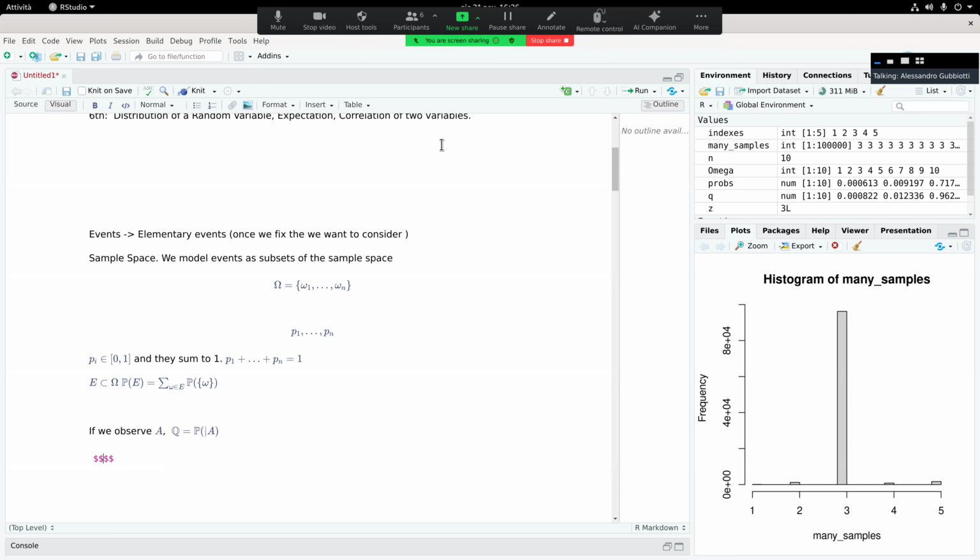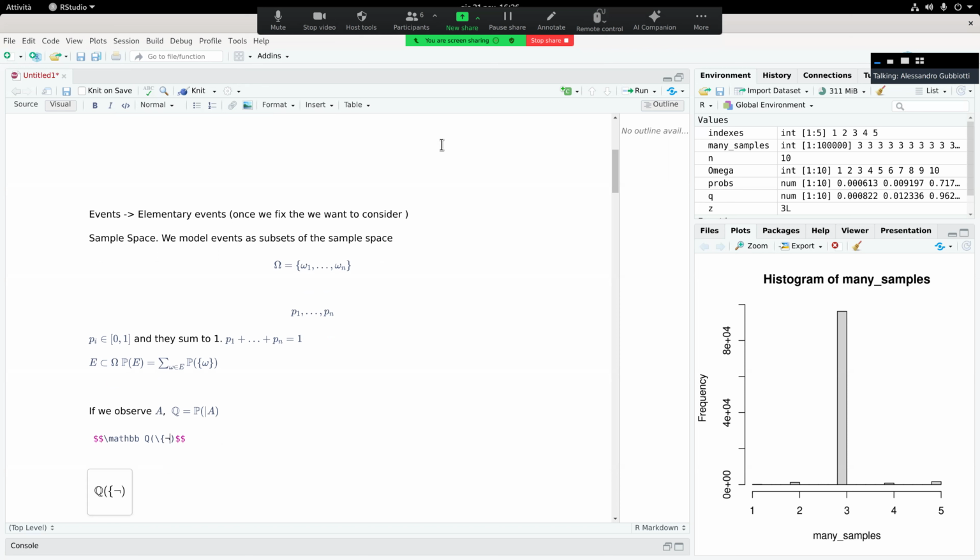The probability of an elementary event omega is proportional to the probability P of omega if omega is in A. So basically, if our elementary event is in A, nothing changes.